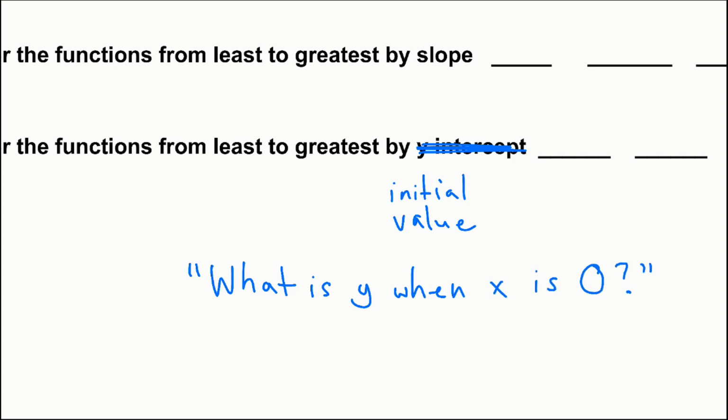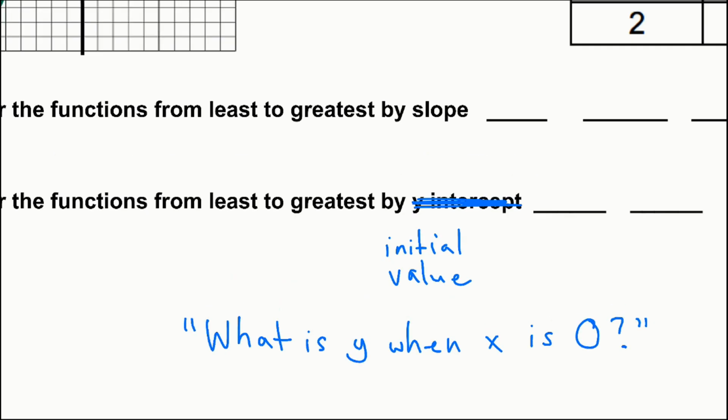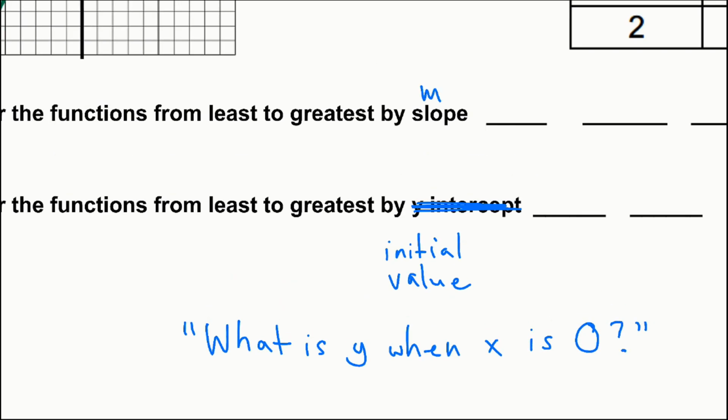We're going to use that concept for our initial values, or what we're going to end up calling the y-intercept. Also, slope has a variable as m, which you don't necessarily need to know yet, but the y-intercept does too, and it's b. So when you see b on this answer key, just know that I'm talking about the initial value.